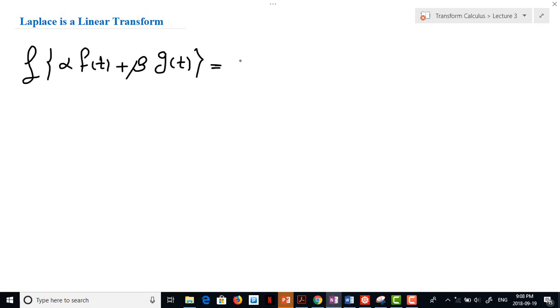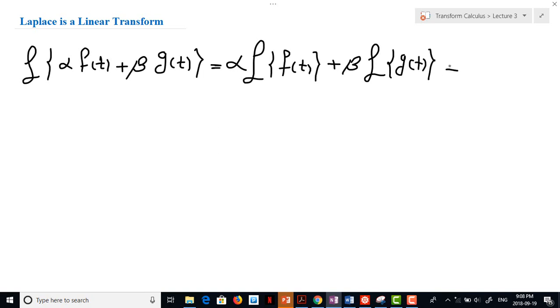It means that if you have, for example, a Laplace transform of alpha, which is a constant, times f(t), plus beta, which is another constant, times g(t), it's equal to alpha times Laplace transform of f(t) plus beta times Laplace transform of g(t), or it's equal to alpha times F(s) plus beta times G(s). So F(s) is Laplace transform of f(t), and G(s) is Laplace transform of g(t).